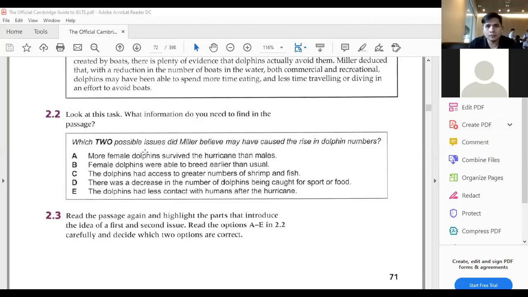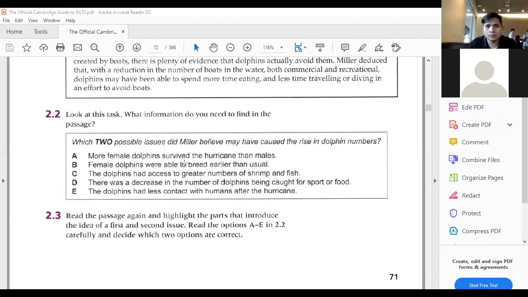Can you tell me the keywords that will give you the answer? Like the cause and the rise in the dolphin numbers. Very good. But who said the sentence, or who believes that's true? Miller. Miller, very good. Let's skim the choices so we can go back and get the answers.